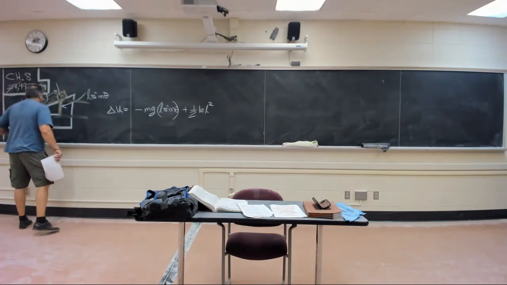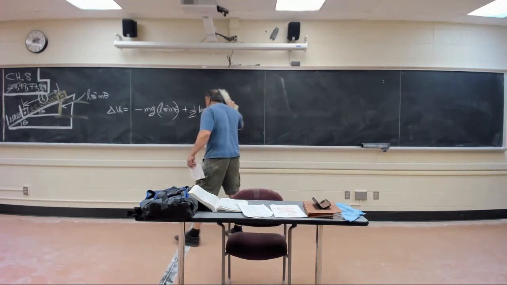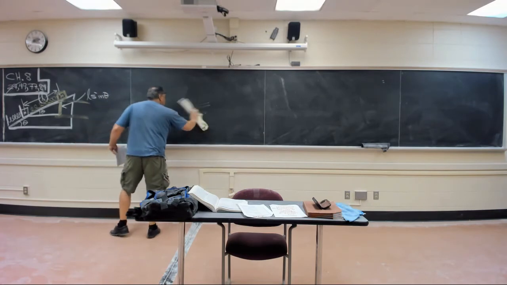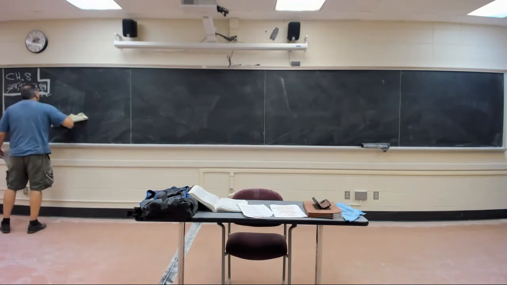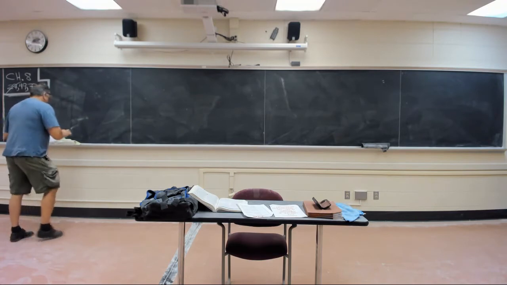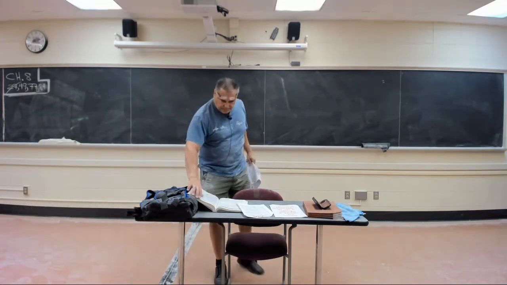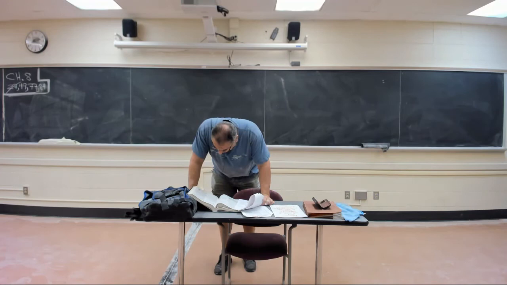49, let's take a look at it. All right, 49 is saying, a roller coaster track is being designed so that the roller coaster car can safely make it around the circular vertical loop of radius capital R, 10 meters, on the frictionless track.